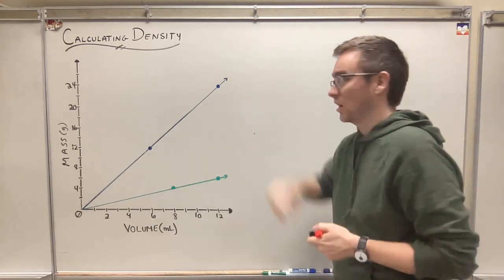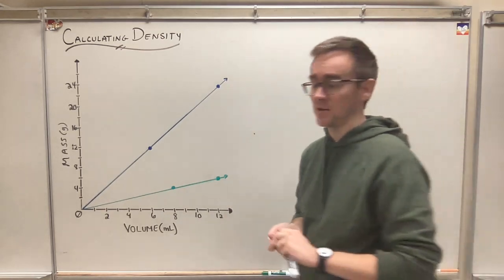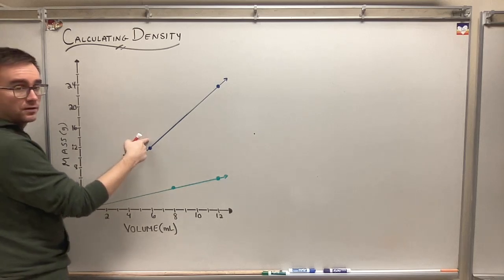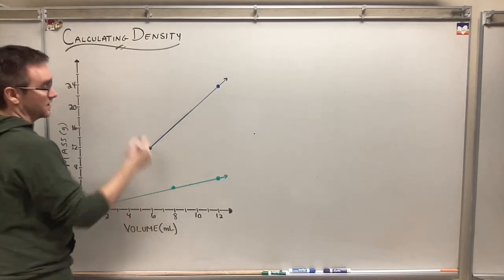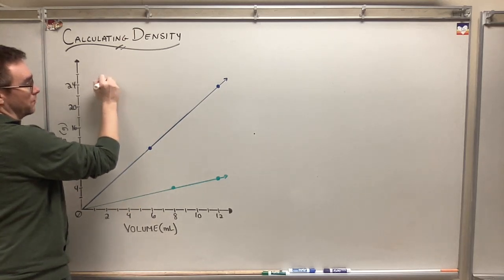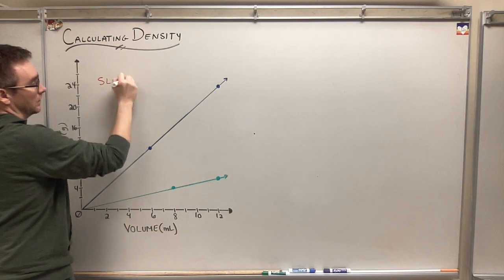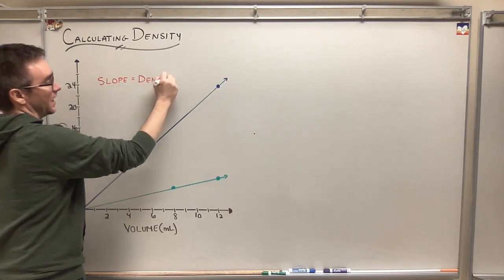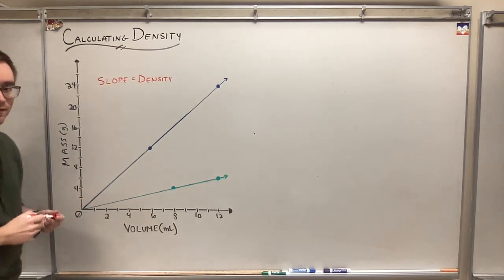We could talk about this from a very mathematical perspective, and we would say that this line has more slope, more steepness, than this line, and we know that slope is equal to density on a mass and volume graph.